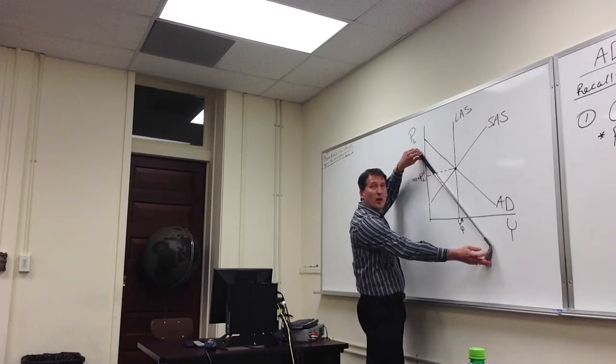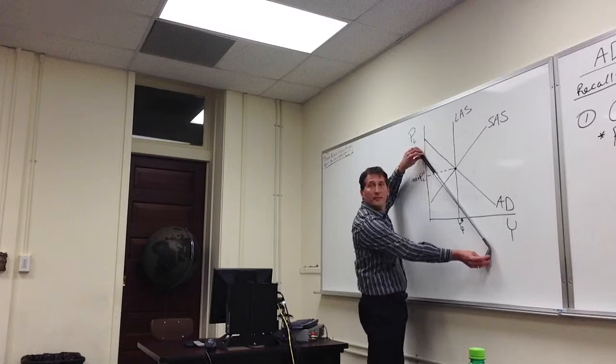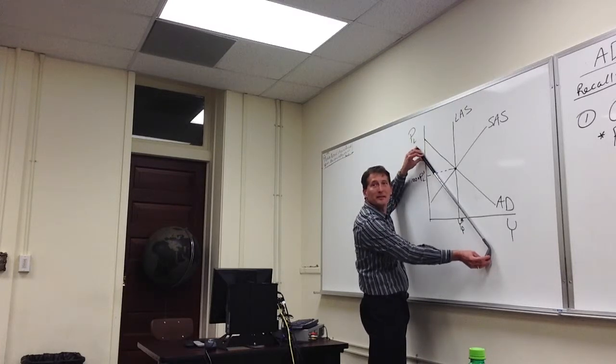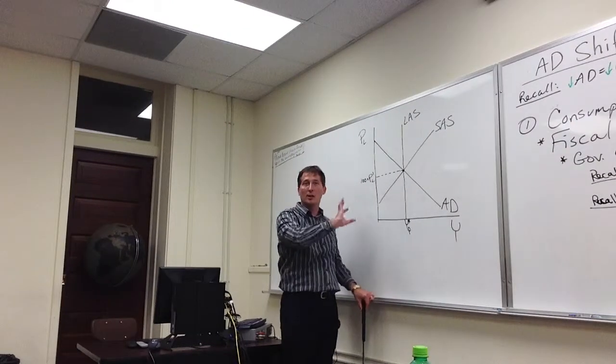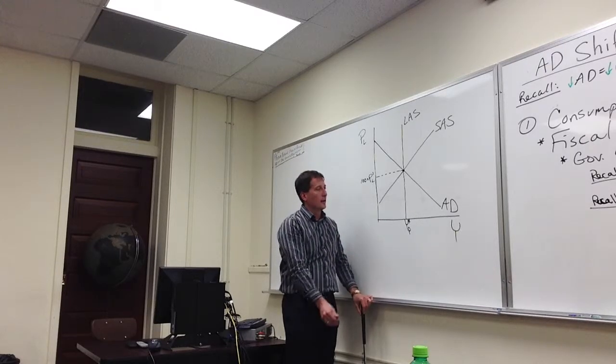Now, are there any long-run effects to that? Using this model, using just the curves that are up here, no. So now we're going to start to set the stage for some short-run effects and long-run effects on how things are going to adjust.